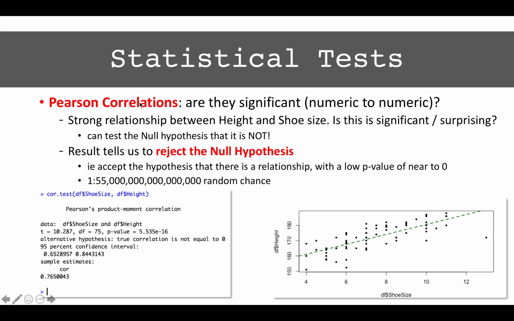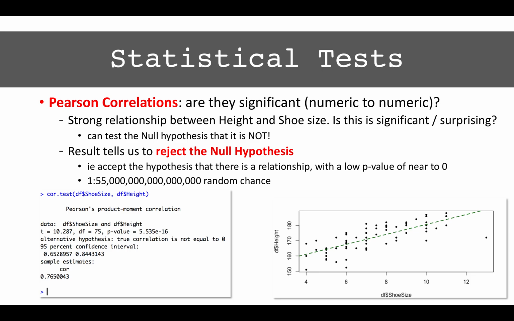Now, when we run the Pearson correlation test using the cor.test function and the 2 variables, it tells us what the correlation is again, but it also tells us that the p-value is incredibly small. Actually, what this is saying is that this would only happen by chance 1 out of 55,000 million times if data was drawn randomly.